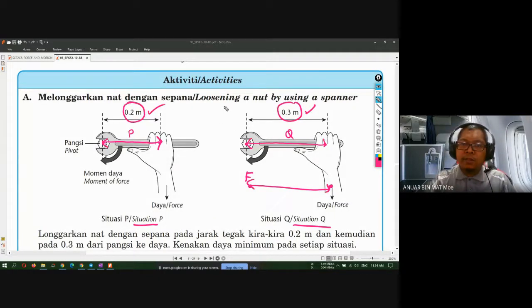All right. So, which situation does the person need less energy or less effort to turn the bolt? It doesn't need much force to open the screw there. Which situation, P or Q?